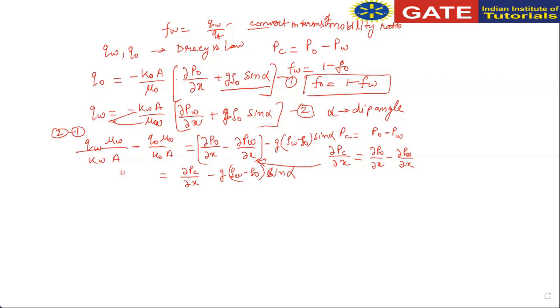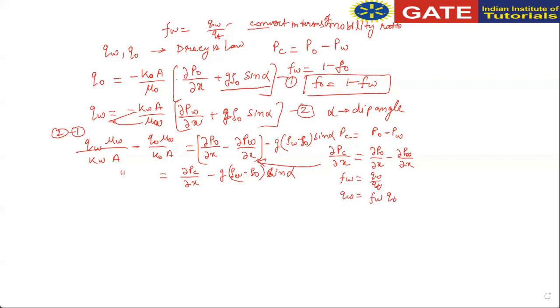Okay. So we know that FW is equal to QW by QT. So QW is equal to FW QT.